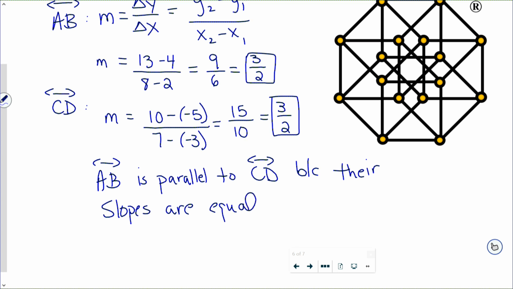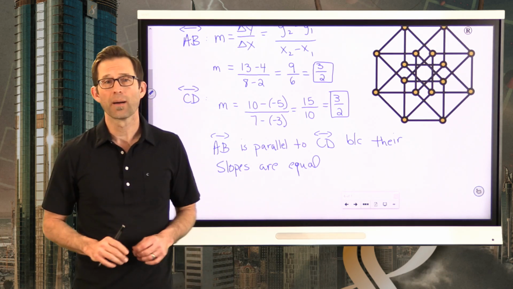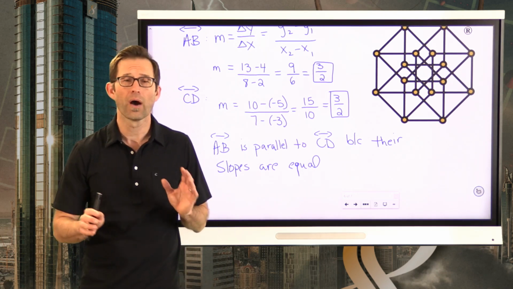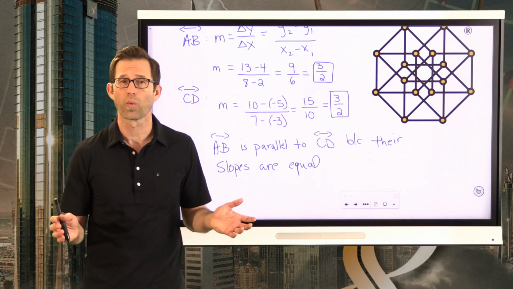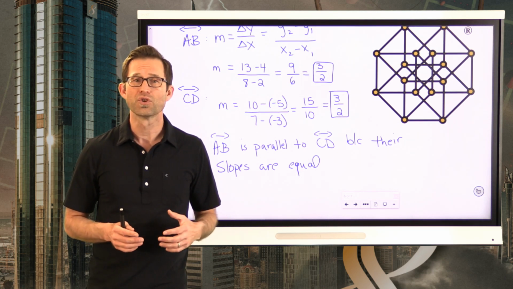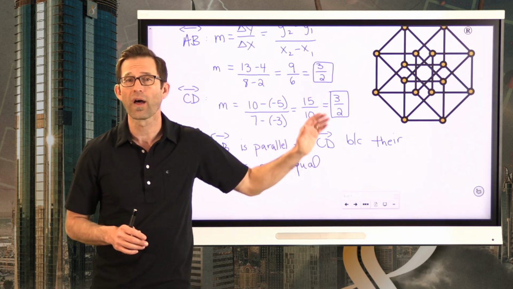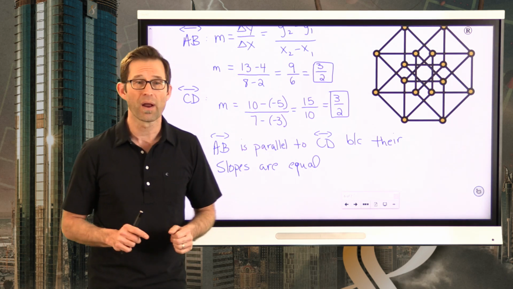You do a lot of this kind of work when you get into high school geometry. And in high school geometry, you spend a lot of time trying to figure out whether figures are parallelograms or trapezoids or rectangles or squares or whatever, and you're doing it on the coordinate grid. And so what you're trying to do is use slopes to see whether or not the sides of particular figures, like parallelograms, are actually parallel.